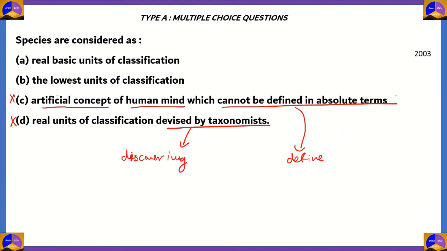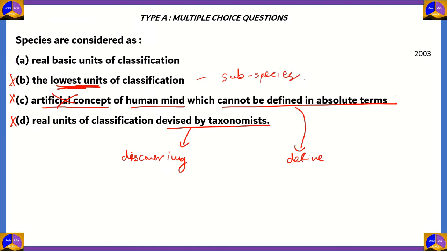So therefore you can define a species, and it's not an artificial concept, it's a natural concept. Now what about option B, the lowest units of classification? This is incorrect because there are units lower than species such as subspecies, variants, etc. So therefore option B is incorrect.